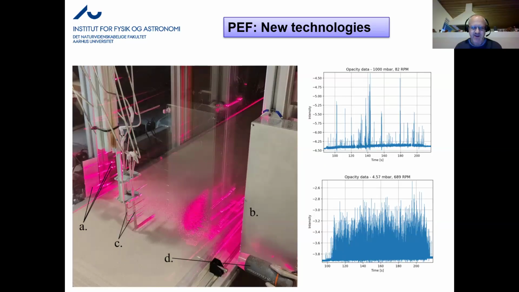The photodetectors are about a square millimeter. So that's kind of our spatial resolution in height. We basically measure the amount of light which gets from one side of the wind tunnel to the other. Clearly, if there's dust or sand, that amount of light will go down.